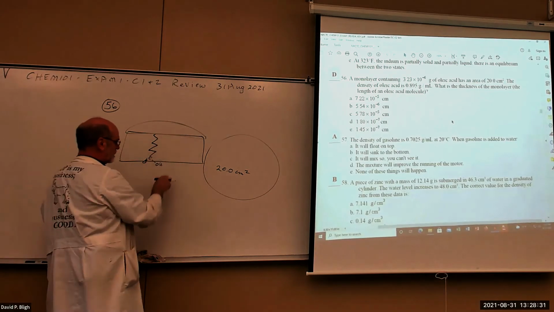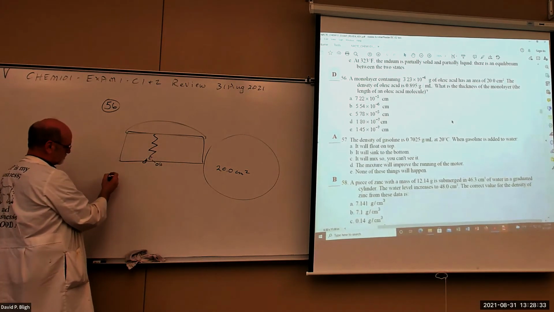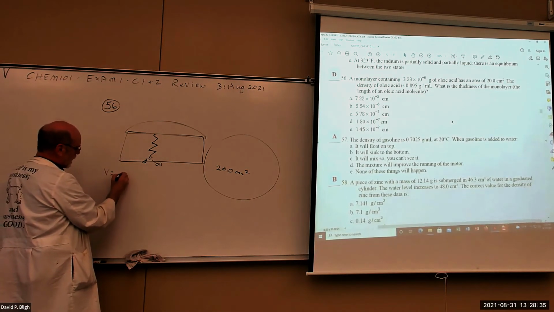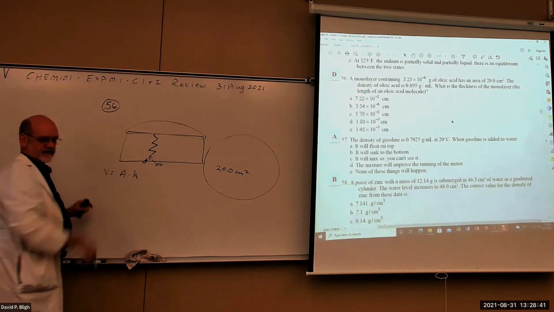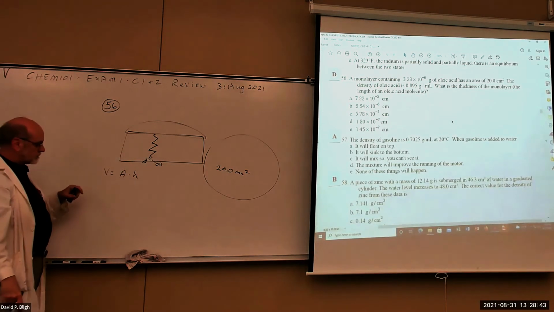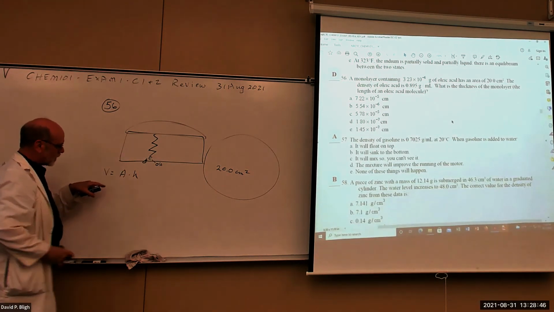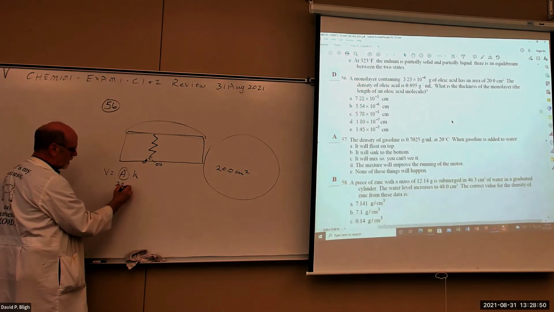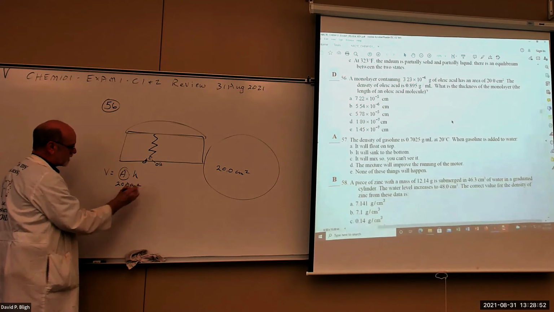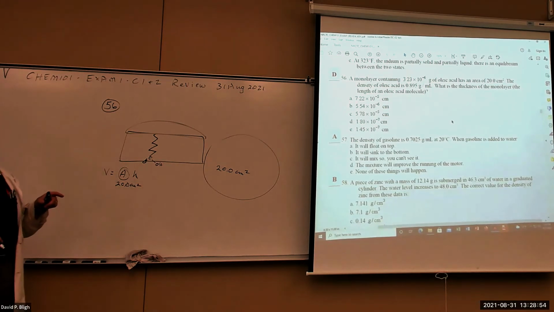Well, it's the area times the height. So the volume equals the area times the height, and the height is the size of the molecule. We know the area, it's already given, right? 20 square centimeters. What's the volume?